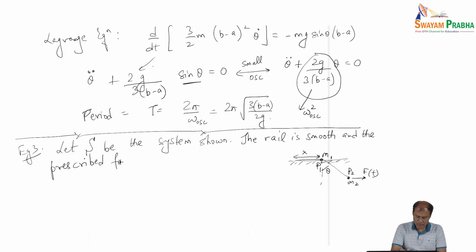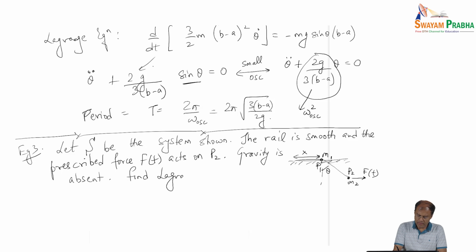The rail is smooth and the prescribed force F of t acts on P2. Gravity is absent. And we need to find the Lagrange equation of motion.